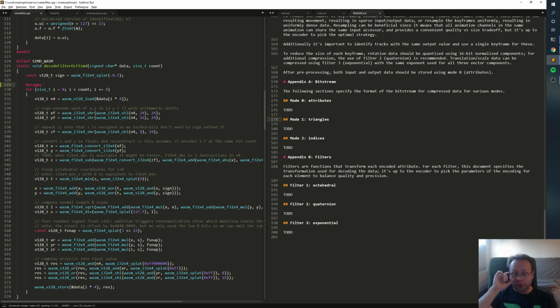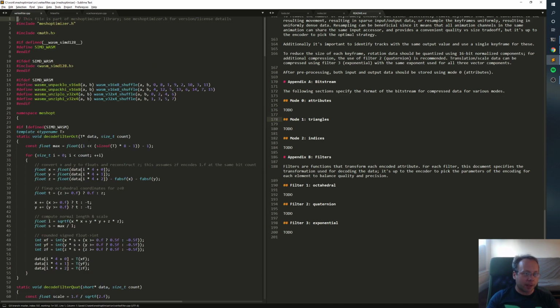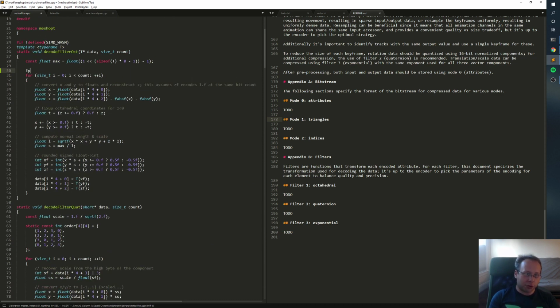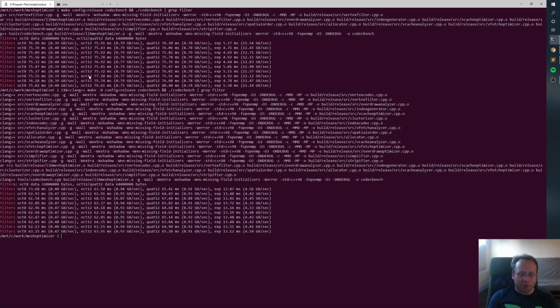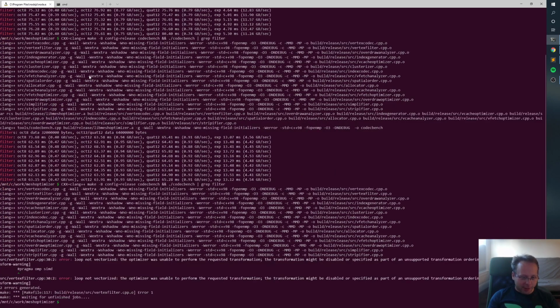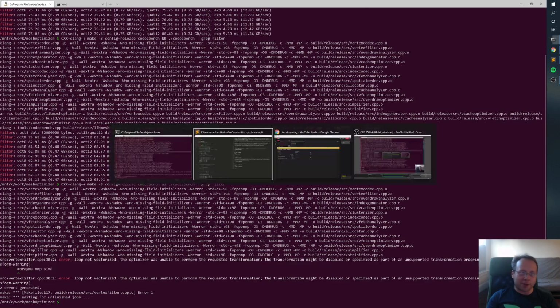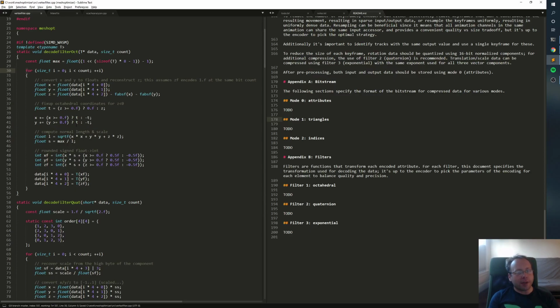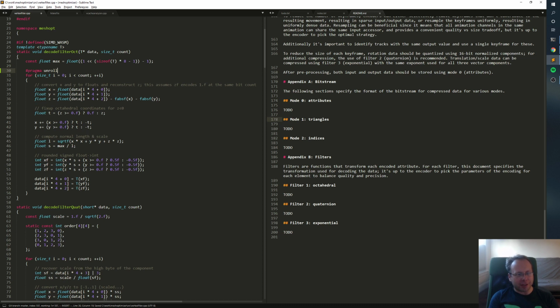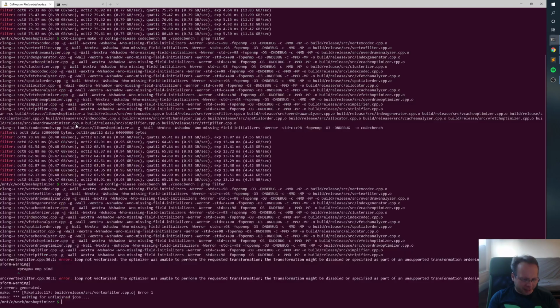So in theory, all of this should be vectorizable, and my vectorized code for WebAssembly isn't too crazy. So I was thinking, surely I can tell the compiler, hey, it's really important. And if you run this with Clang, then Clang says, well, the loop that you asked me to vectorize isn't vectorized.